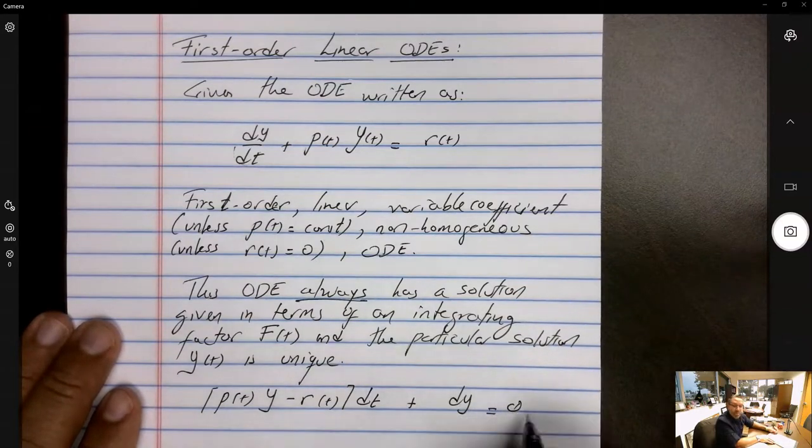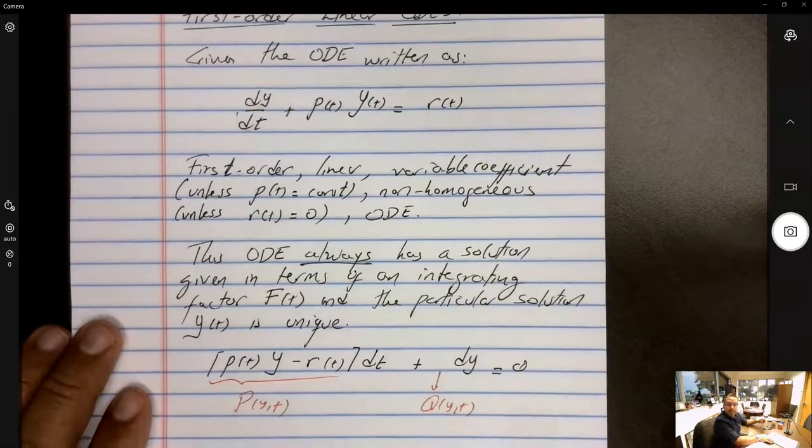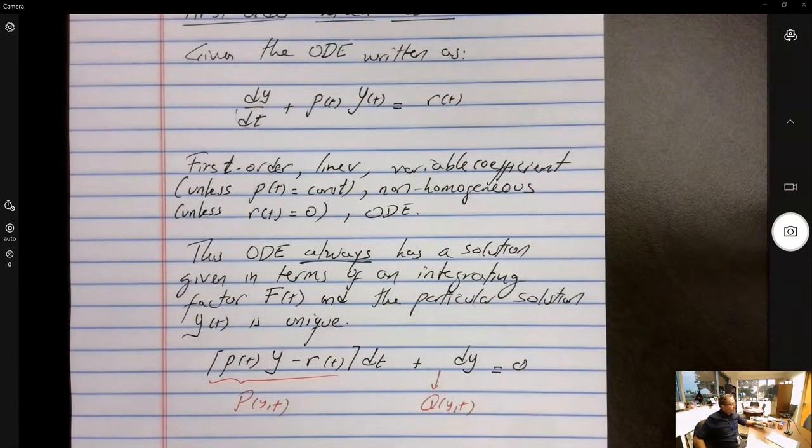So you can see this is exactly the same as this, just written slightly different. This right here is P of y and t, and this is Q of y and t. Obviously, the derivative of Q with respect to t is equal to 0 because Q is equal to 1, a constant. So by default, this equation is not exact.